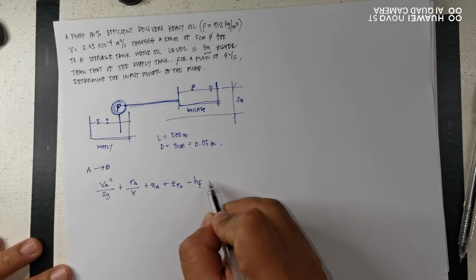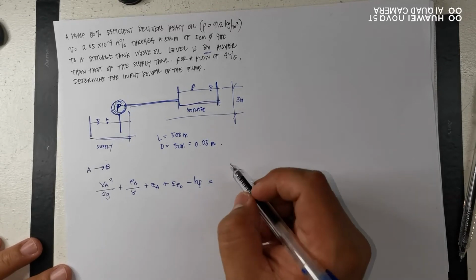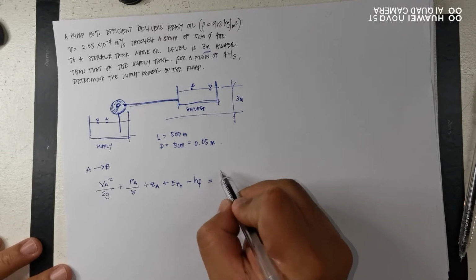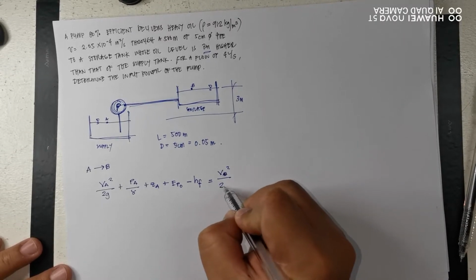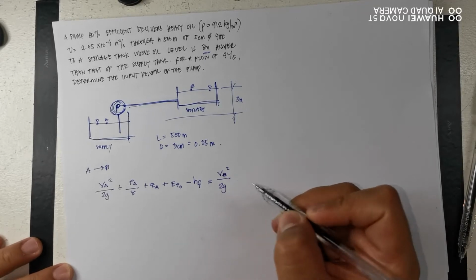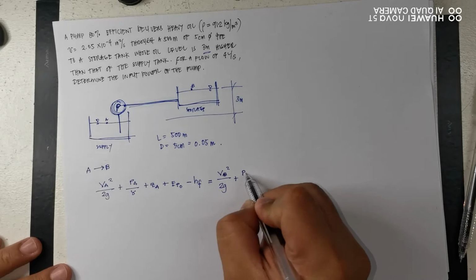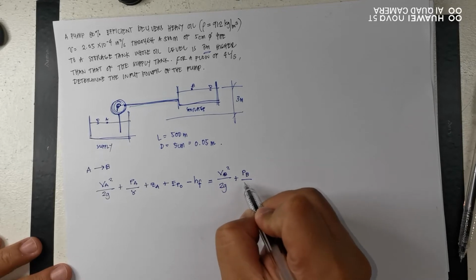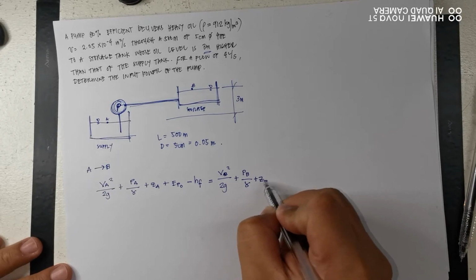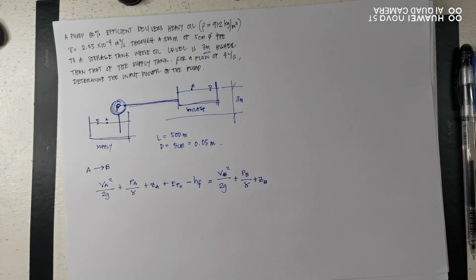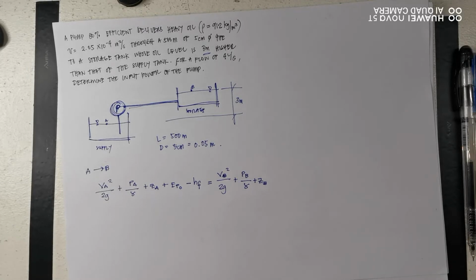So, then it is equal to the energy at point B. So, VB squared over 2g plus PB over gamma plus ZB. Okay, so yan na yung ating Bernoulli energy equation for this problem.